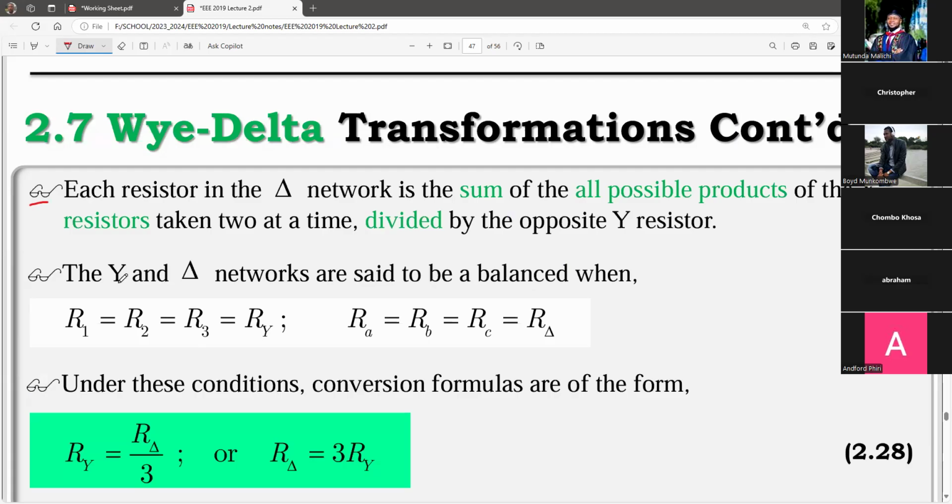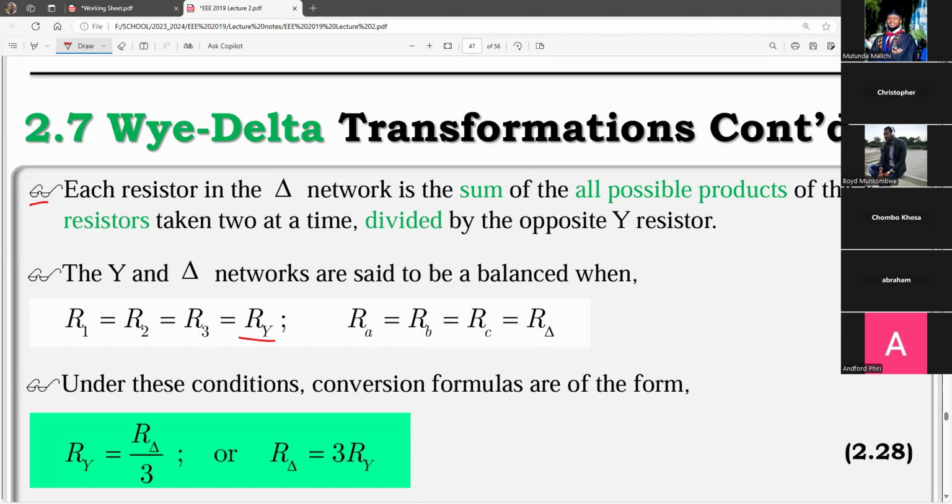Otherwise, the Y and the delta networks are said to be balanced. If the network is balanced, then we know that all the resistors are the same. Then you would say that R1 is equal to R2 is equal to R3 for the Y. This will be the Y resistance, and therefore for the delta it will be RA, RB, RC being equal to R delta.